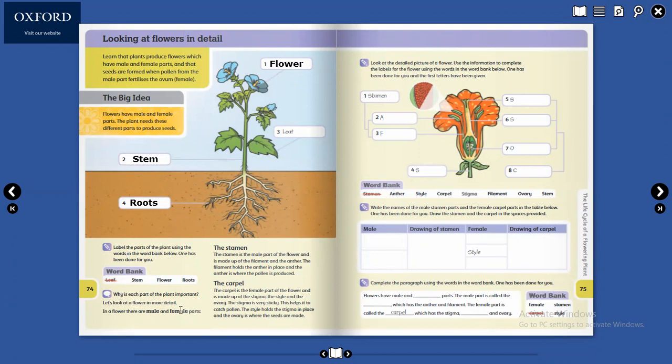Why is each part of a plant important? Every part is important because they have different tasks and they support each other. Let's look at the flower in more detail. In a flower, there are male and female parts.